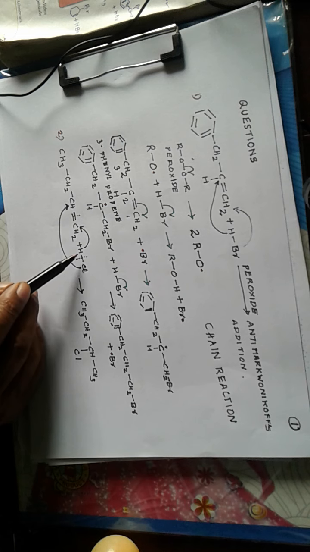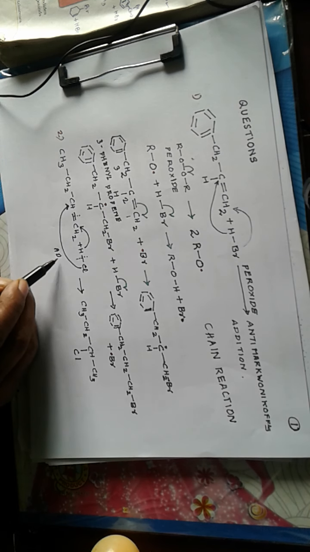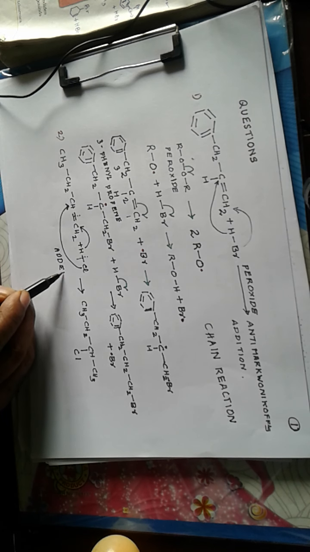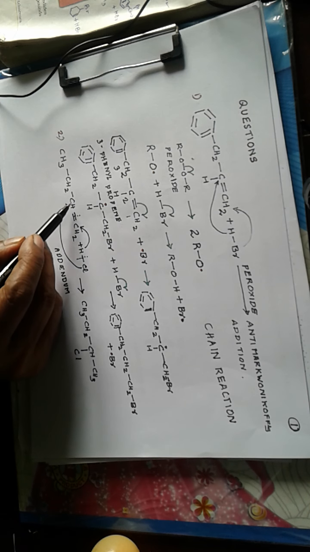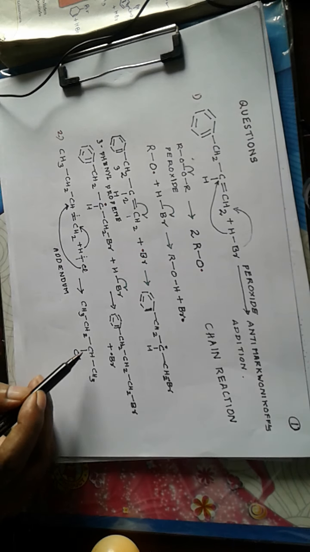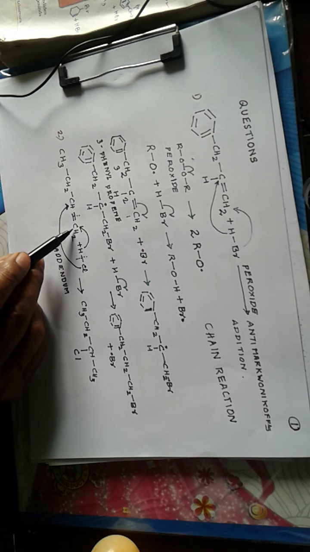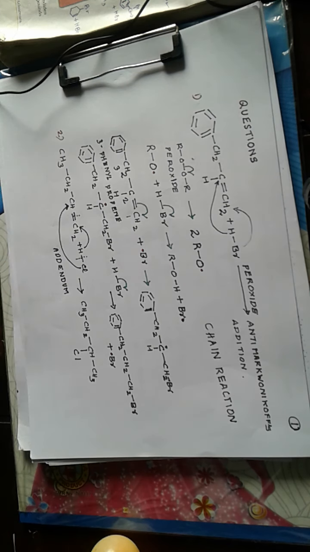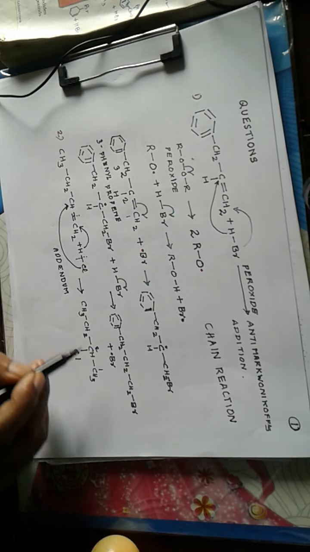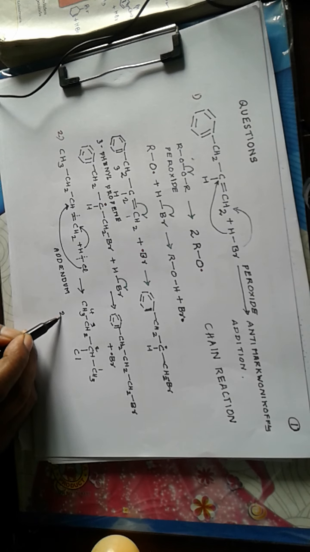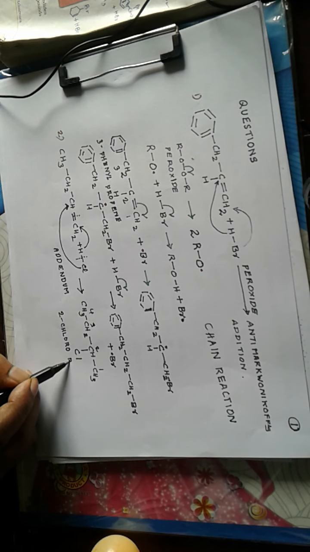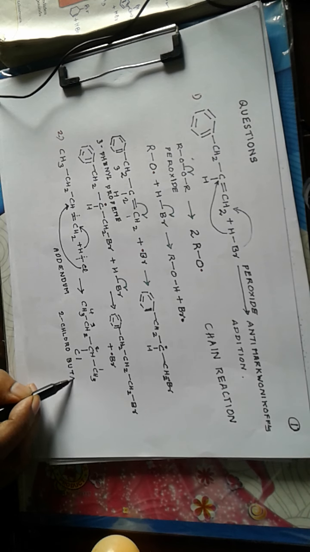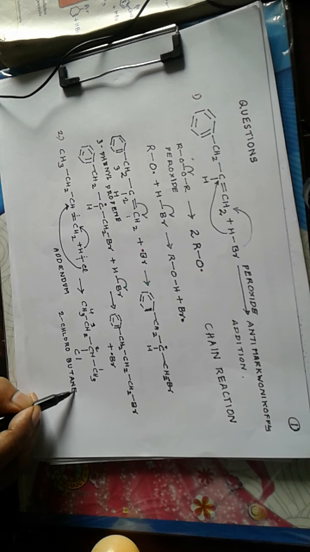The negative part of the addendum, HCl is the addendum, that is chlorine, gets bonded to the unsaturated carbon containing the least number of H atoms, here only one H. So chlorine connects here and H connects to this unsaturated carbon containing greater number of H atoms. So the molecule is 2-chlorobutane.